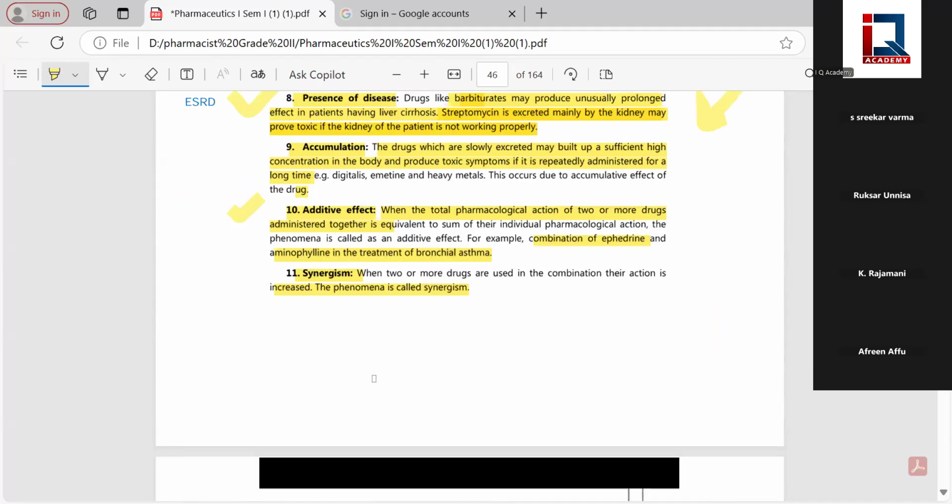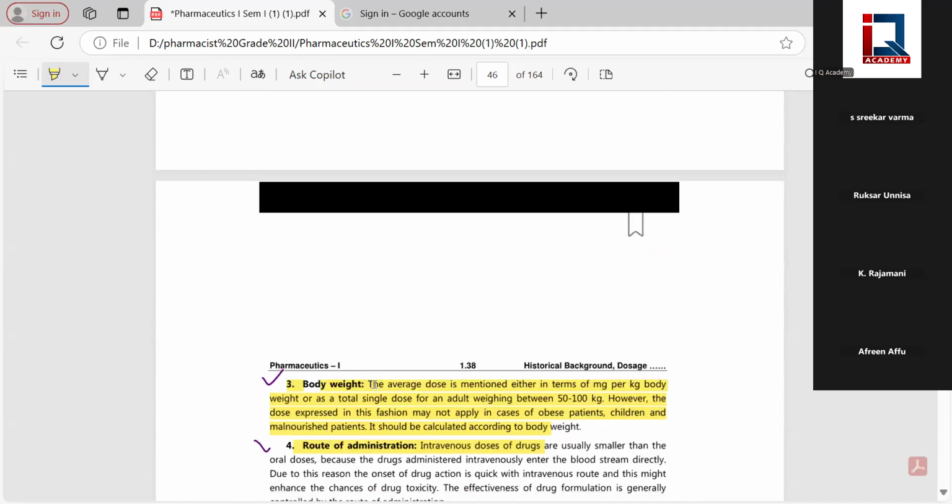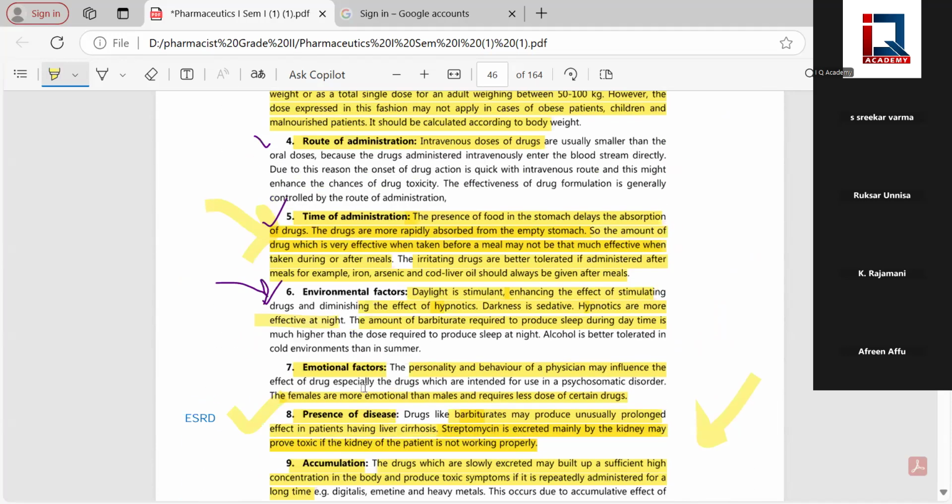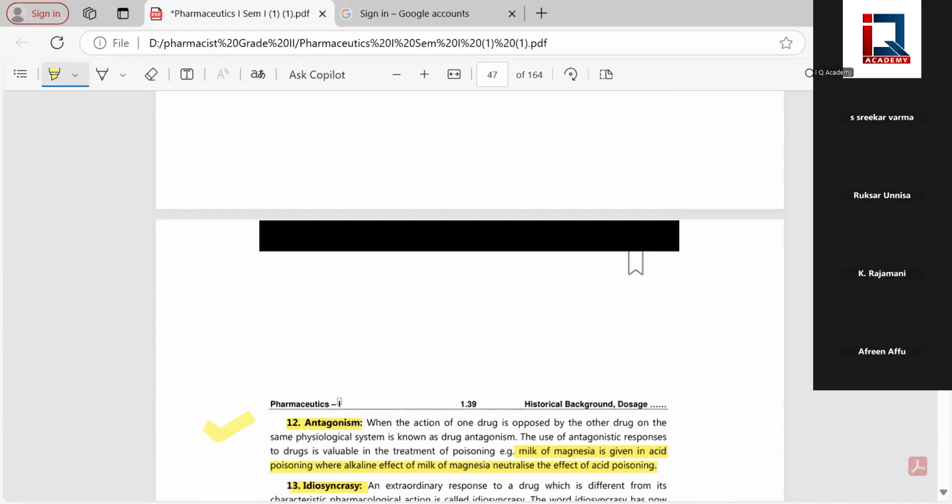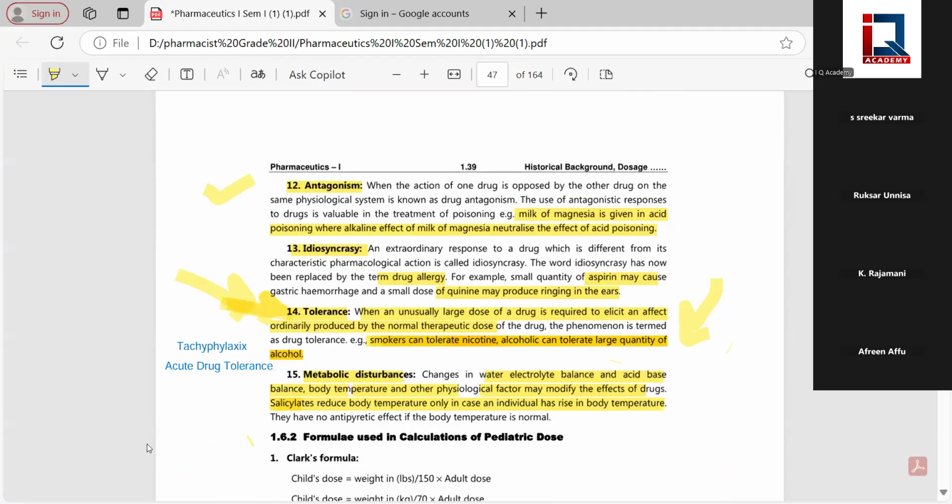So these are the factors which are going to affect the posology or the dose. If you're okay with this, we'll move forward to the calculation part. Shall we?